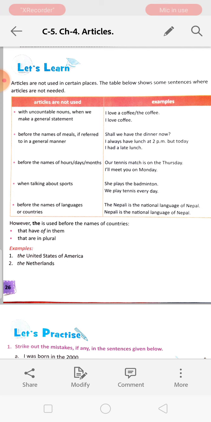Here it is written United States of America, so before that we can use the over there. The Netherlands. Netherlands is in plural. So if the country's name is in plural, we will use the before that. And we will use the if the country name contains of. For example, United States of America. Of is given over there, so we can use the over there.